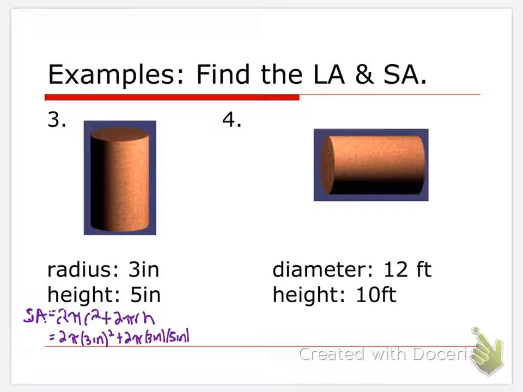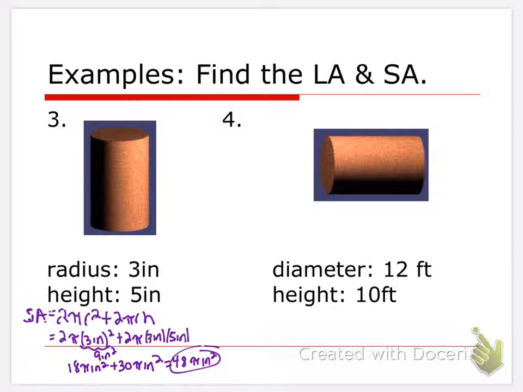This part here is 9 inches squared. 2 times 9 is 18, so 18 pi inches squared, plus 2 times 3 is 6, 6 times 5 is 30 pi inches squared. We add those together and our surface area is 48 pi inches squared.